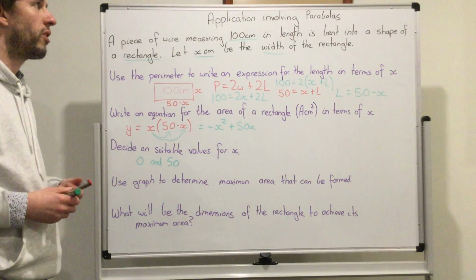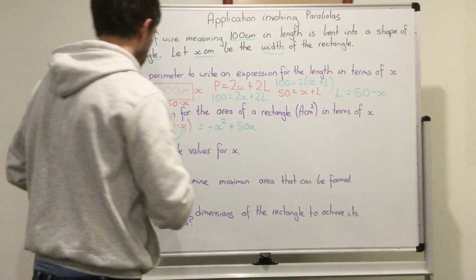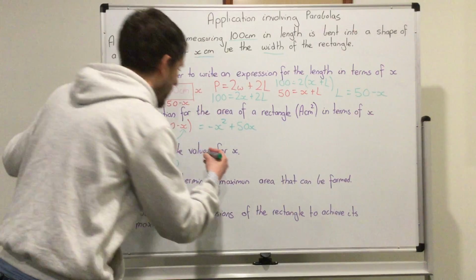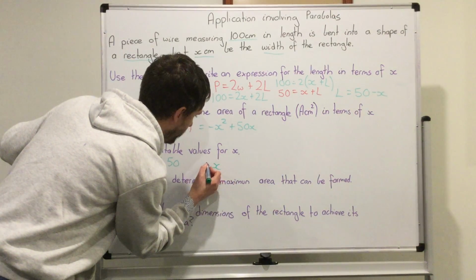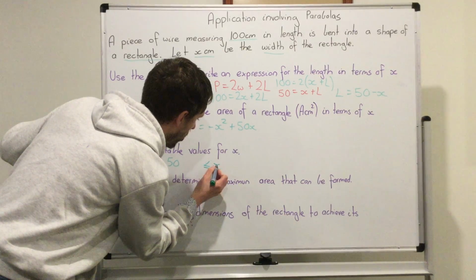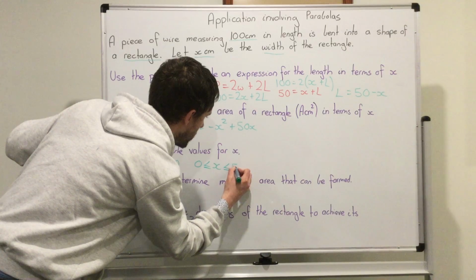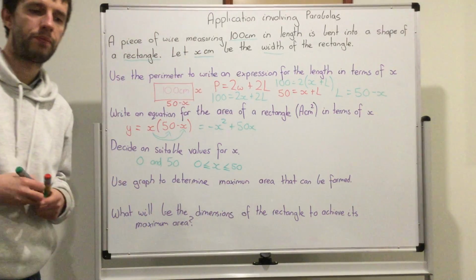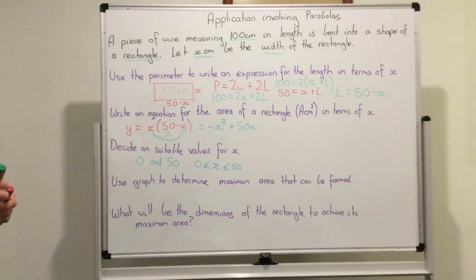So what we are going to be looking at, because we're looking at area, it must be positive values. So we are looking at when x is equal or greater than 0 and equal or less than 50. Those are the values that we are looking at.